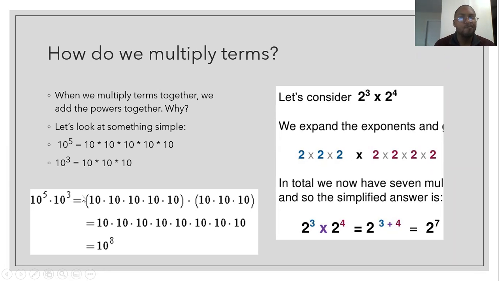So if I wrote these all together in a line, it would be 10 times 10 times 10 times 10 times 10 times 10 times 10 times 10. That makes sense, because 10 to the 5 is this stuff, 10 to the 3 is this stuff.